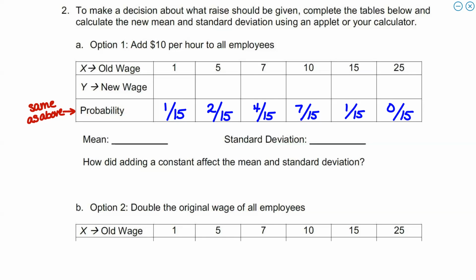Value, bias, probability, all the way through.